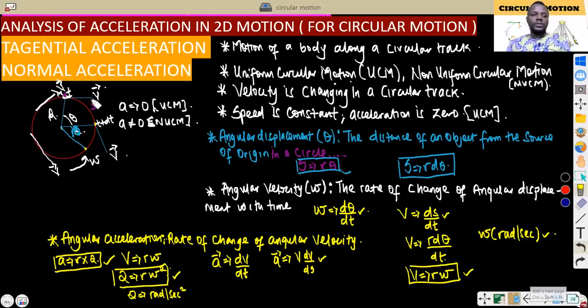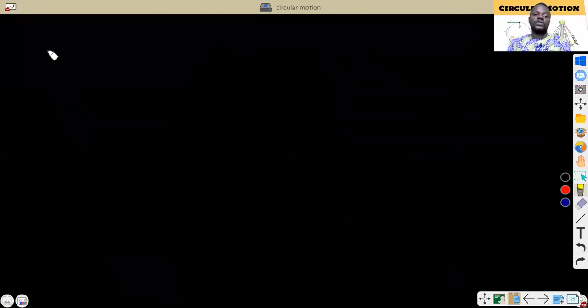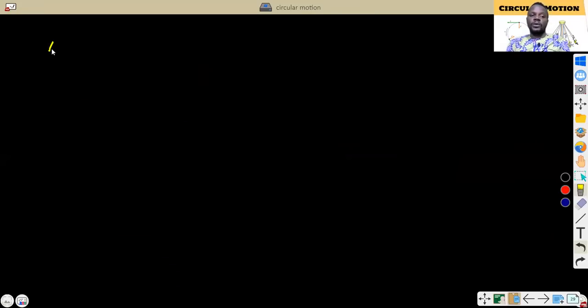Fine. Now we are on the next slide, in continuation to what we have talked about. So far, so good. We have learned some basic parameters like angular displacement, which we denote by theta. I hope students are still here.